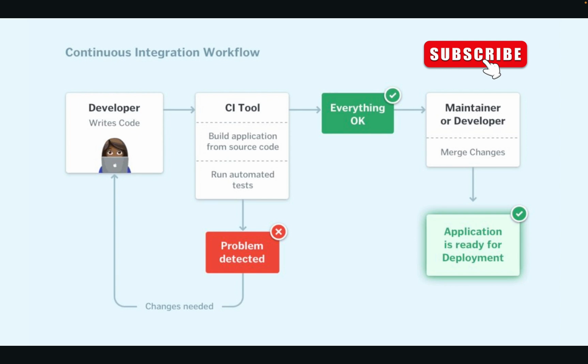A set of developers are writing their code, developing the code locally and pushing their code to the central repository, like GitHub or GitLab, which is handled by the Jenkins or GitLab server. So the code will be pulled by Jenkins or the GitLab CI tool, and the continuous integration server will take it and do the test.